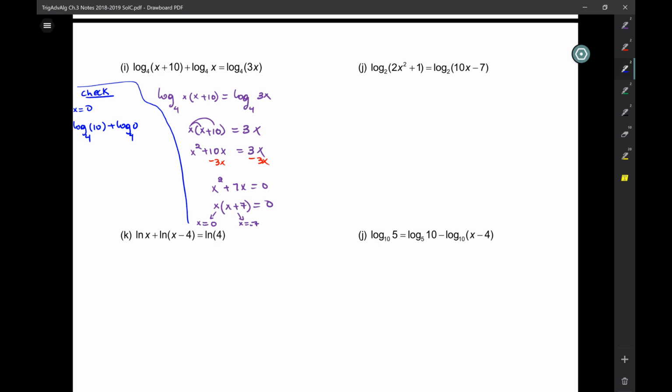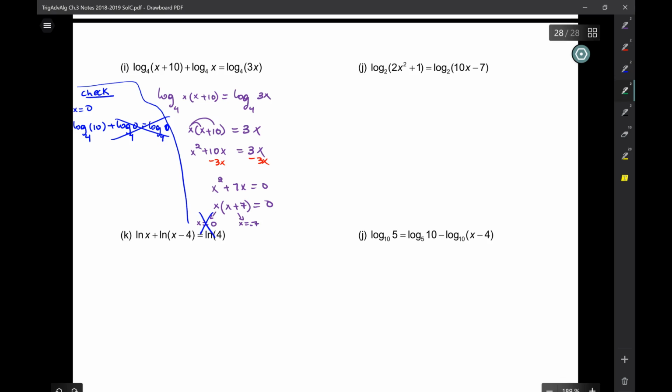Log of 1 is 0, but log of 0 is no solution. So this one doesn't work because log of 0 is impossible. It's out of its domain. So you just cross out x equals 0.